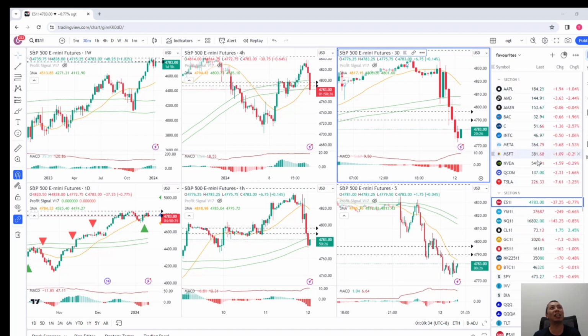Favorites as in I like to trade them, I don't really hold them long term. These are the very liquid, popular stocks that I choose from to trade, and you can see all of them are in the red.